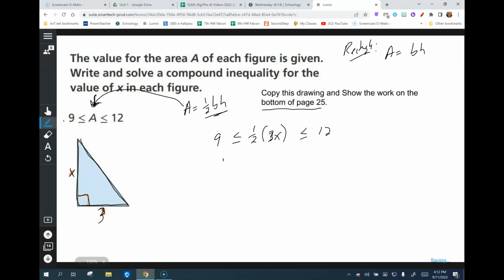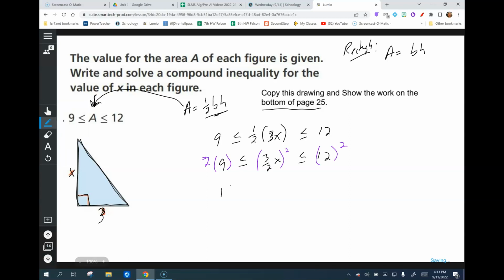Okay, so I get 9 is less than or equal to 3/2 x, which is less than or equal to 12. You have an option on how you want to solve this one. We could multiply every single term and clear the fractions by multiplying by 2, or I could multiply every single term by 3. I'm going to go with clearing my fractions.